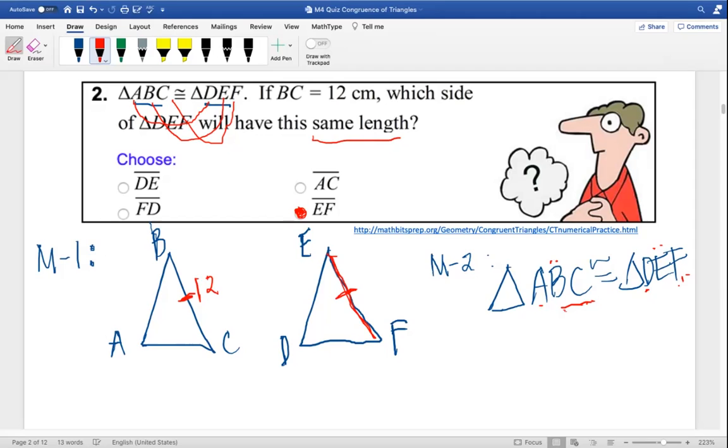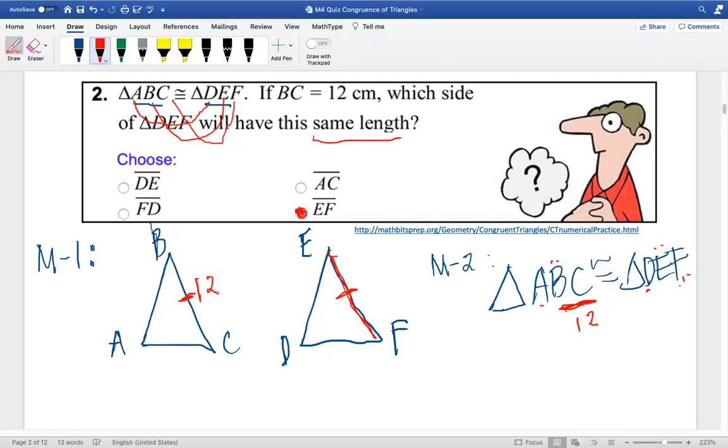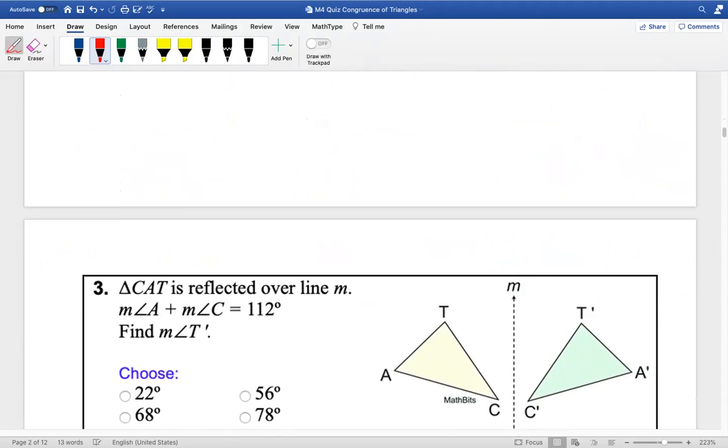Since the question is which side of triangle DEF will have the same length, we are talking about its corresponding segment, which is EF, and EF also has 12 centimeters in measure. So again, the answer is segment EF. I hope we got the same answer, and let's proceed to question number 3.